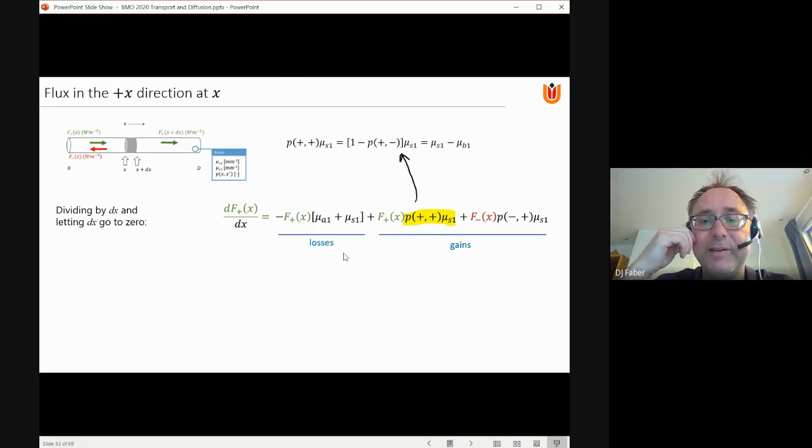We can try to eliminate this phase function that is still in there. So p++ times mu s can be remanipulated because p++ plus p+- had to be 1. We can manipulate that a little bit to replace p++, and then multiply out with the scattering coefficient.